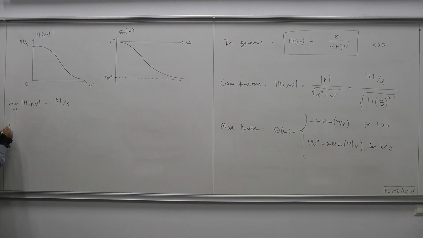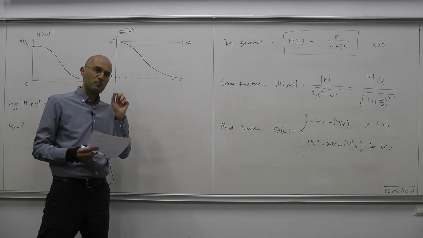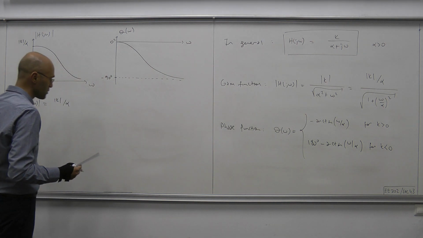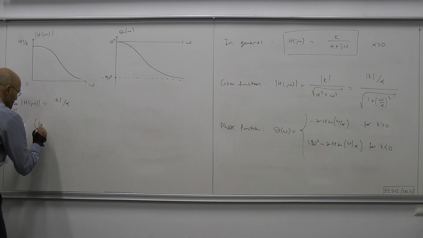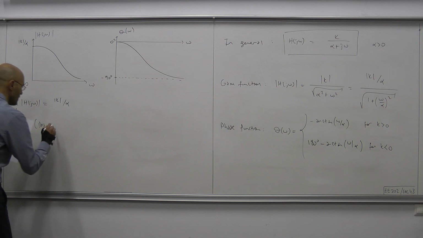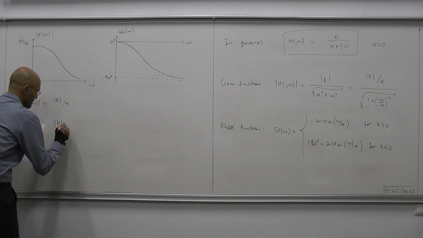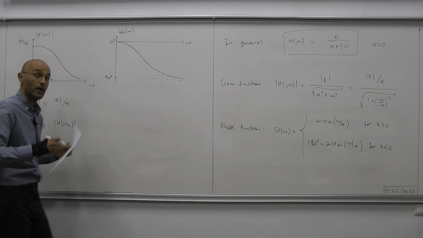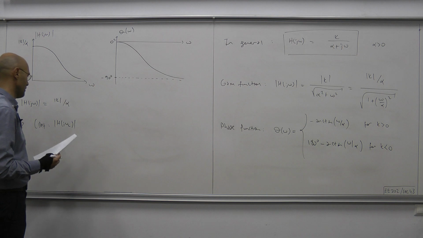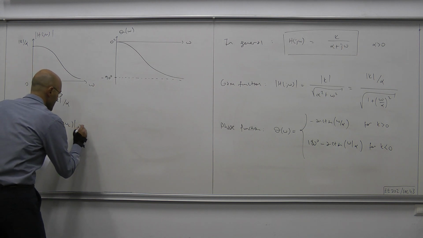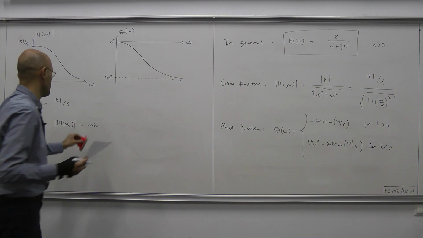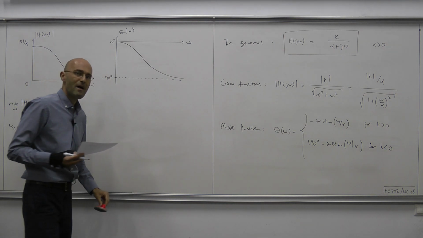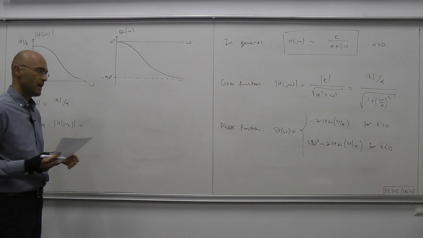Note that the cutoff frequency, which is the frequency that determines the border between passband and stopband, that frequency is such that, so let's remember this definition, the gain at the cutoff frequency, or cutoff frequencies, if you have more than one cutoff frequency, is such that it equals 1 over square root of 2 times the maximum gain of the gain function.